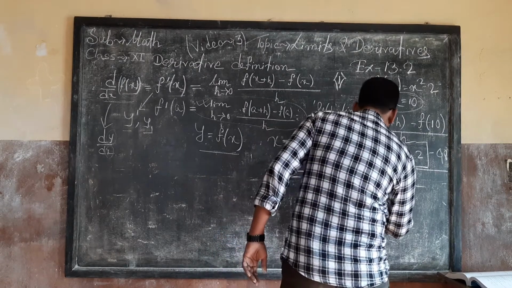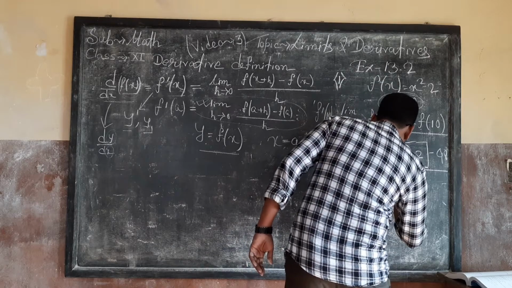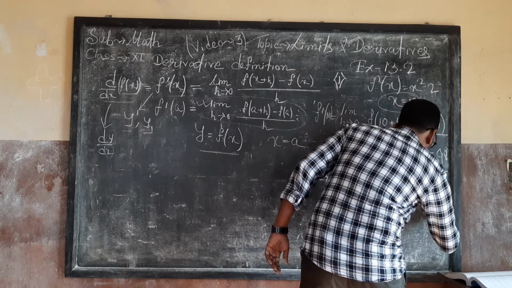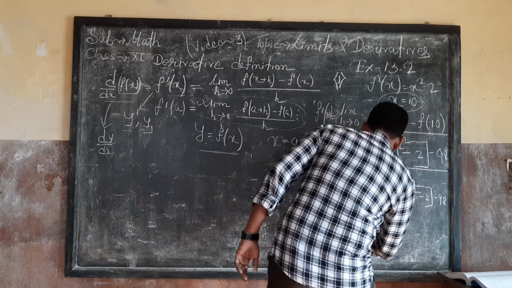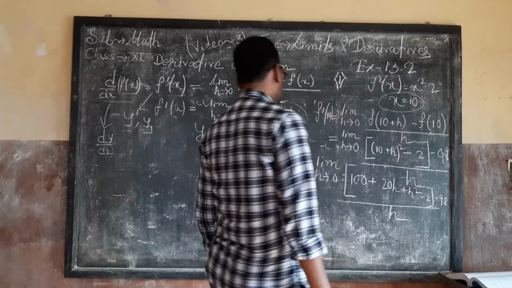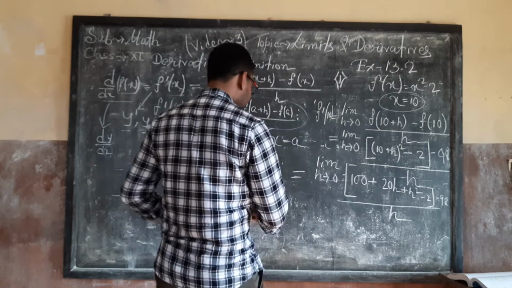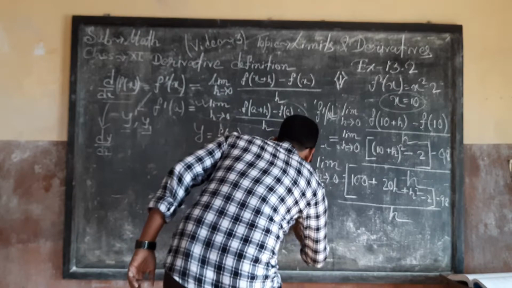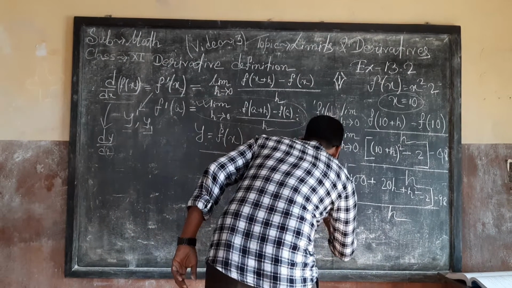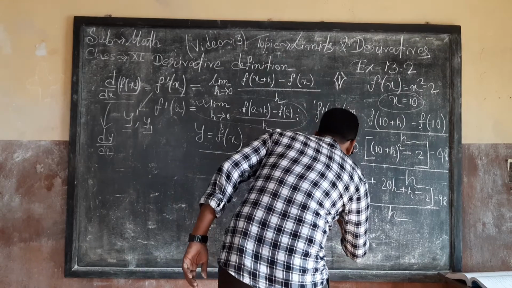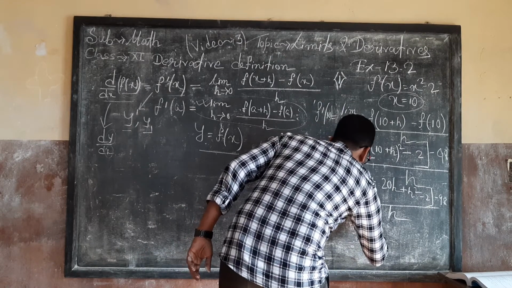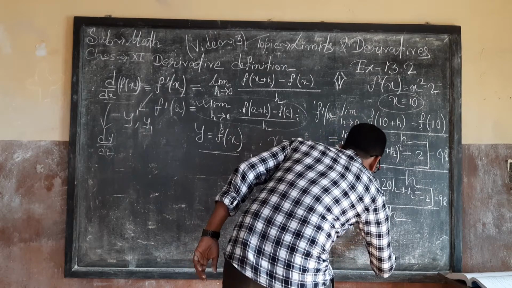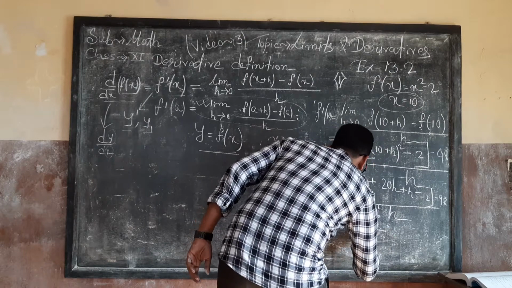From this, the limit h tends to 0, 100 plus 20h plus h square minus 2 minus 98 by h. Okay, after that, the limit h tends to 0, 100 plus 20h plus h square minus 2 minus 98 by h.